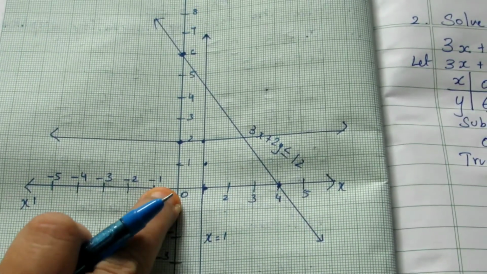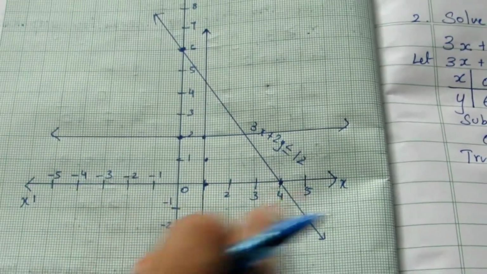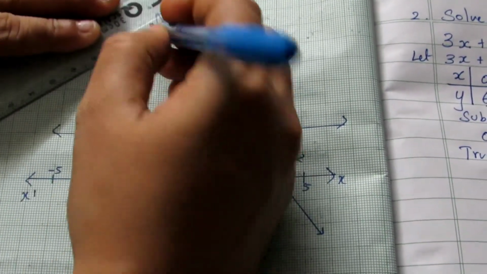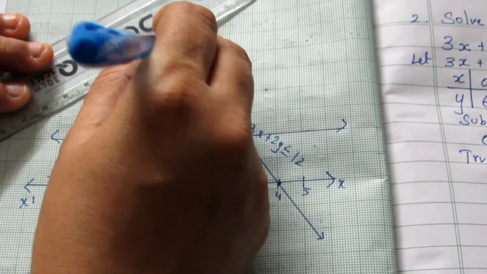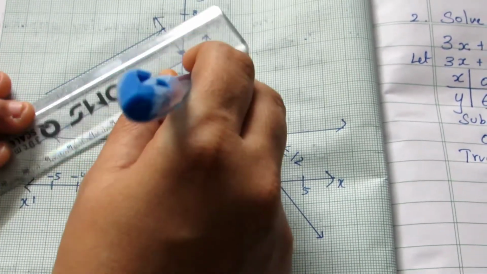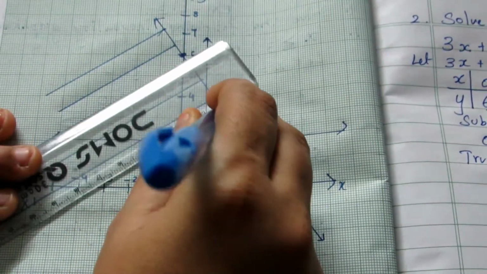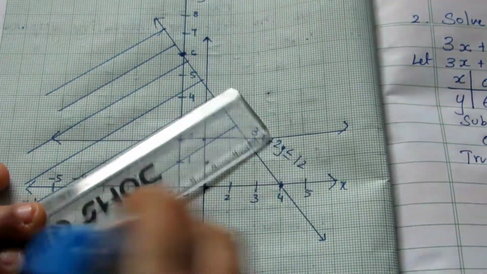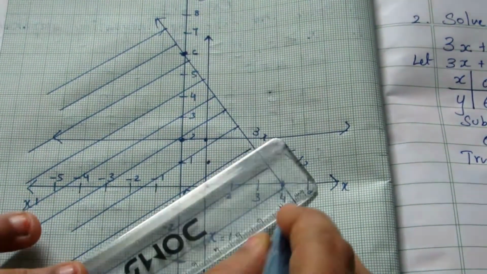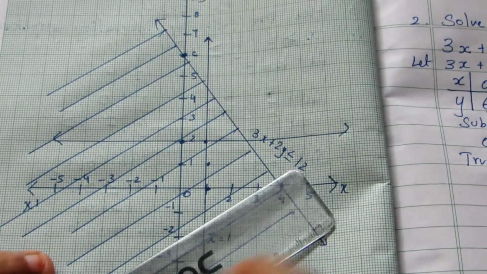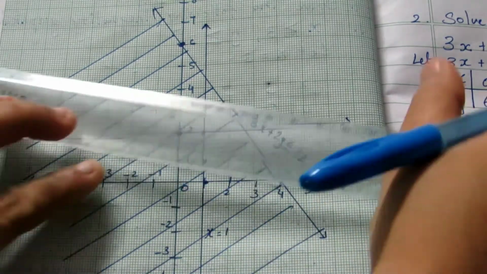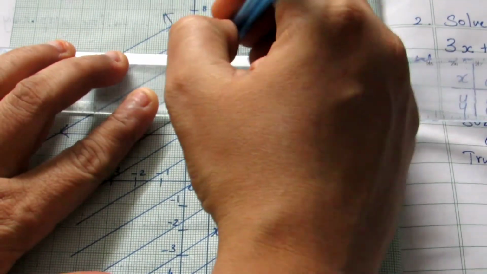So I know that for this one, which is true, the shading should be towards 0, 0. So shade the portion towards 0, 0. The rest should be away.